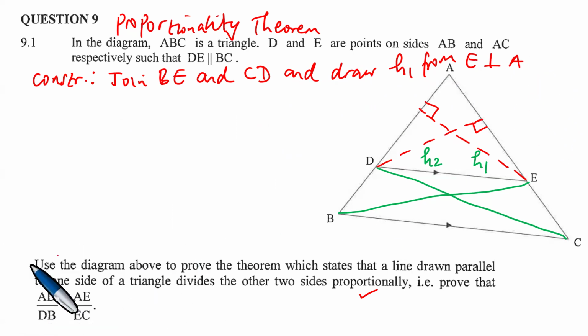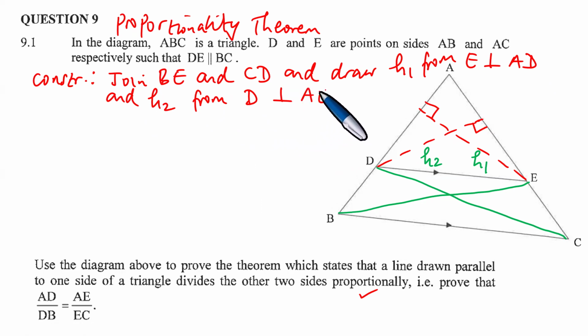And H2 from D perpendicular to AE. So what we do here, we perform constructions: you join BE and CD, and draw H1 from E perpendicular to AD, and H2 from D perpendicular to AE.